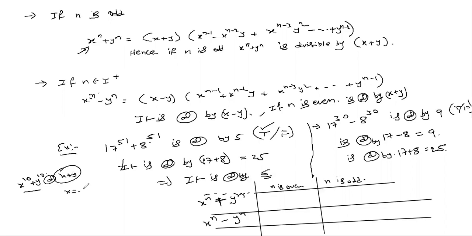So x is equal to negative y, we have to substitute to get the remainder. So negative y whole power 10 plus y power 10 means 2 times y power 10, which clearly may not be 0. So the remainder is not 0, which means it is not a factor. So not divisible by x plus y. So is it divisible by x minus y?